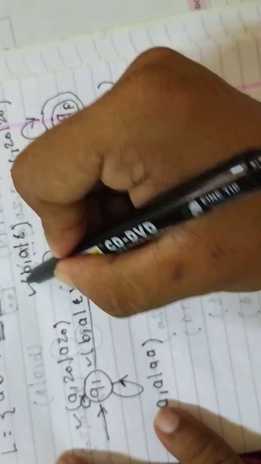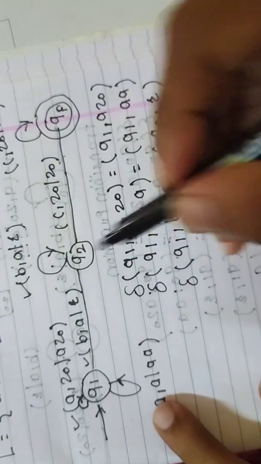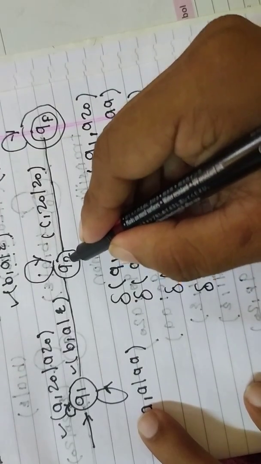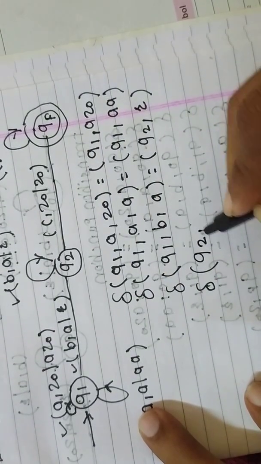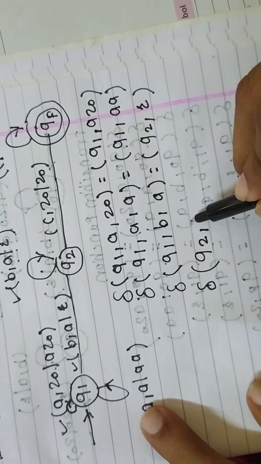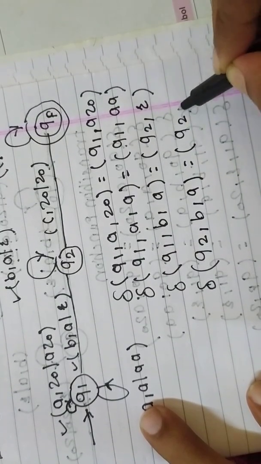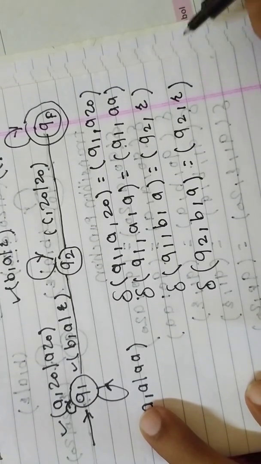Now let us write the transition function for the next one. Delta of, we are now in the q2 state, if the next input symbol is b and the stack top is a, then you will be in q2 and pop operation.